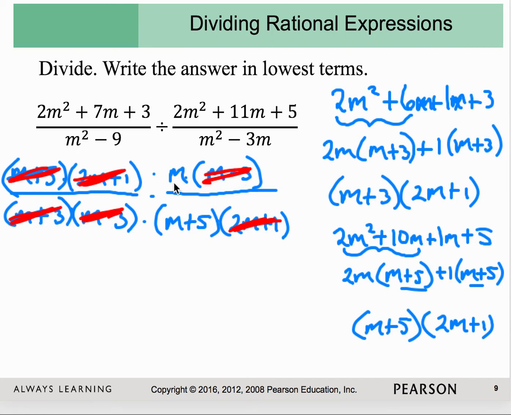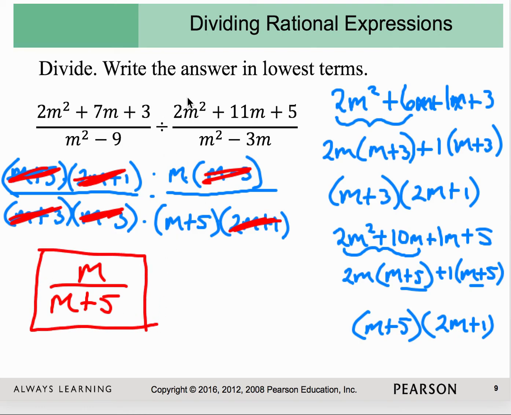The only thing left on top is an m. The only thing left on bottom is m plus 5. Look what a nasty problem that looked like, but it wasn't any harder than the others. A little bit longer because we had a longer factoring method, but not harder, right?